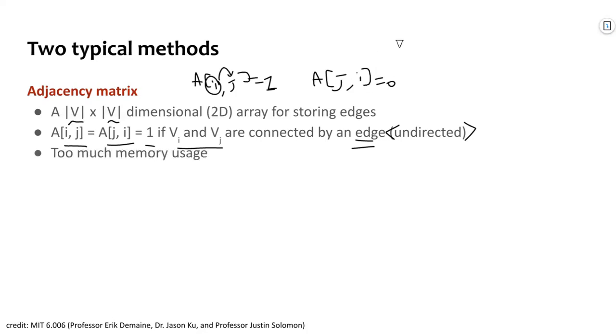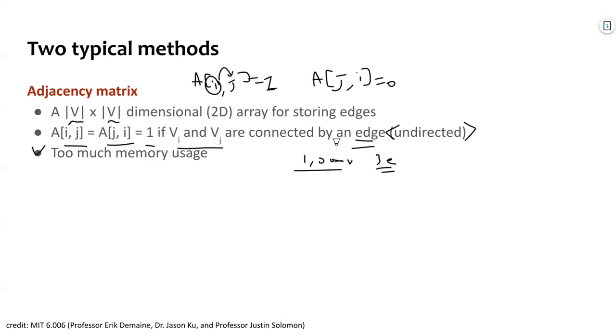However, the disadvantage of adjacency matrices is that they use too much memory. Let's say we have 1,000 nodes, however, there are only 3 edges. Then to represent these 3 edges, we need to make a 1,000 times 1,000 matrix.